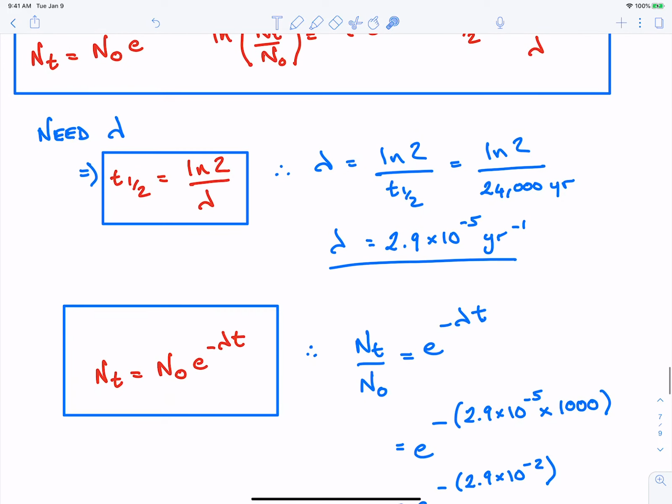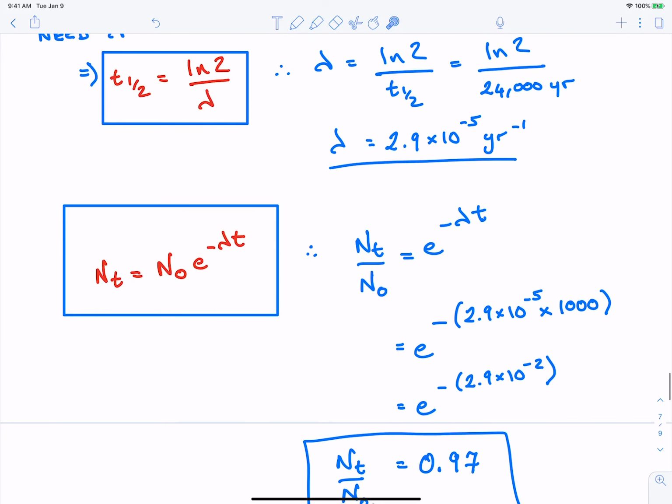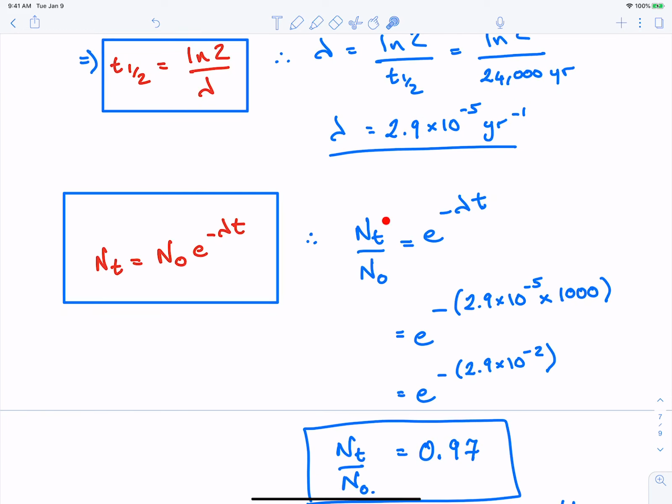And then we use that to calculate the value that we're most interested in, which is this expression here, which is the ratio of how much material is left relative to the amount of material that was there at the beginning.